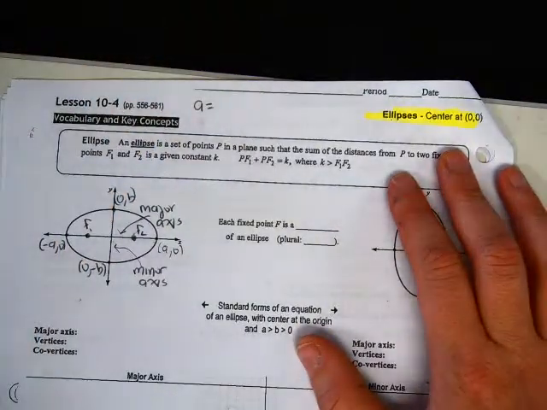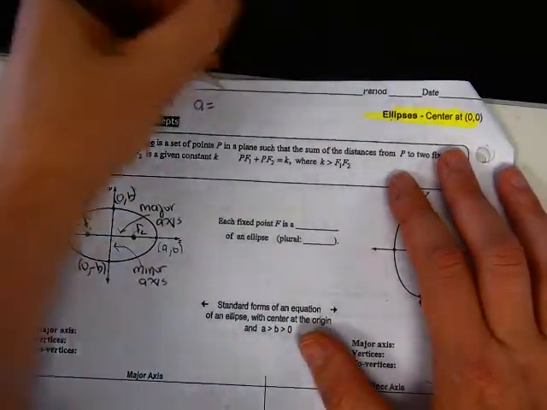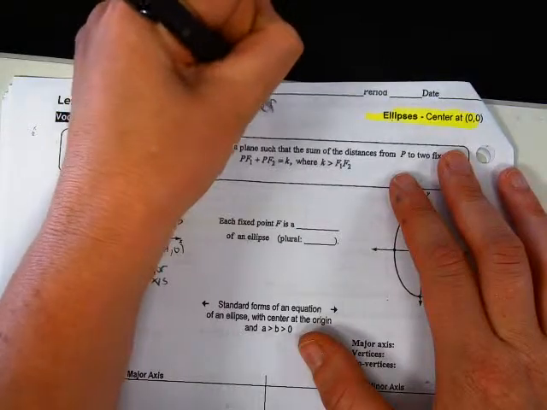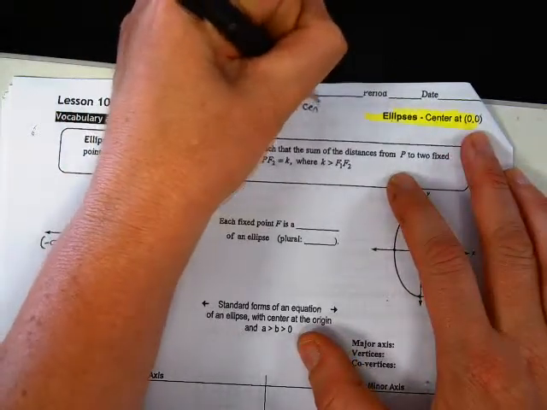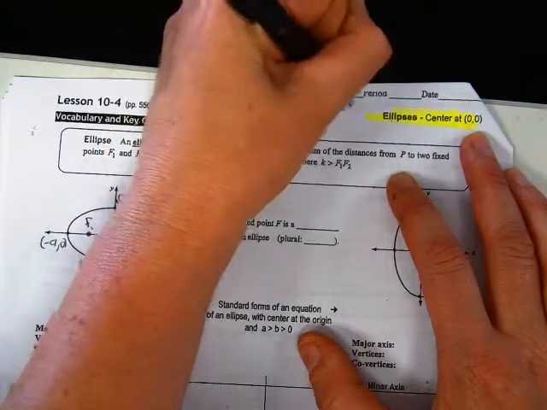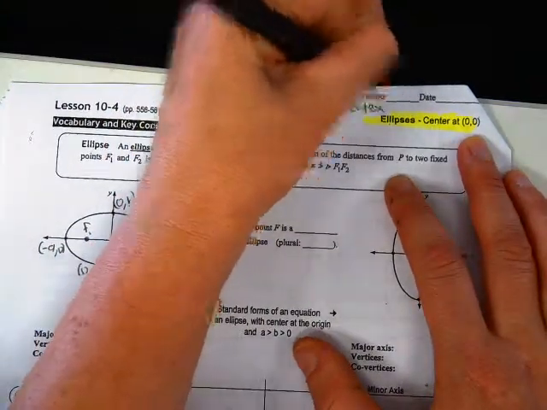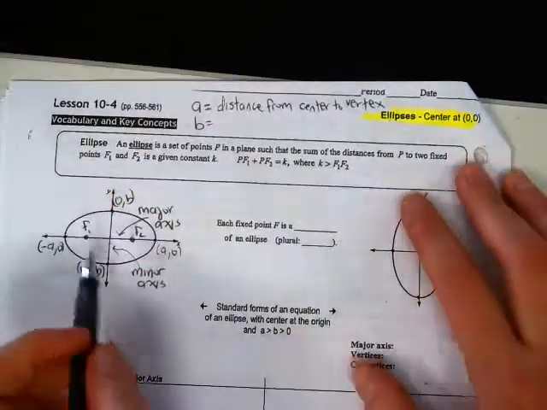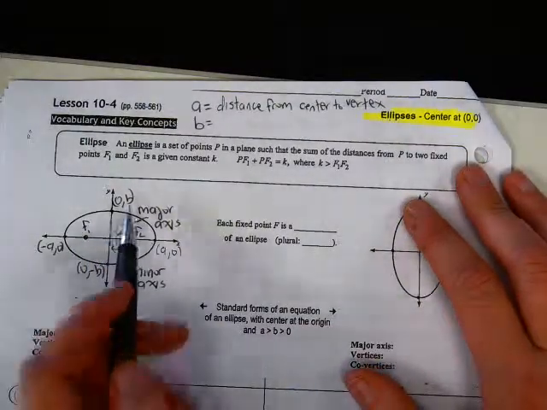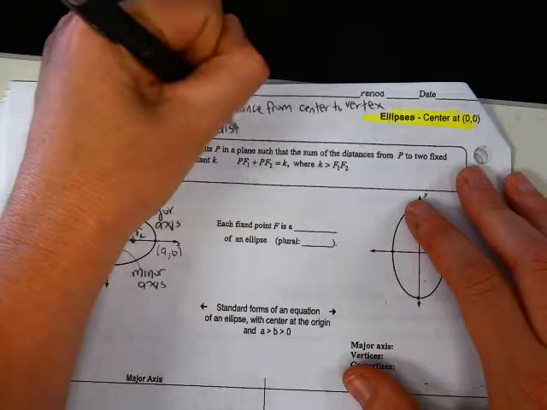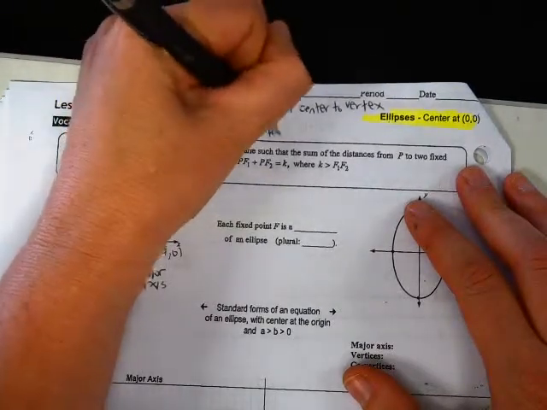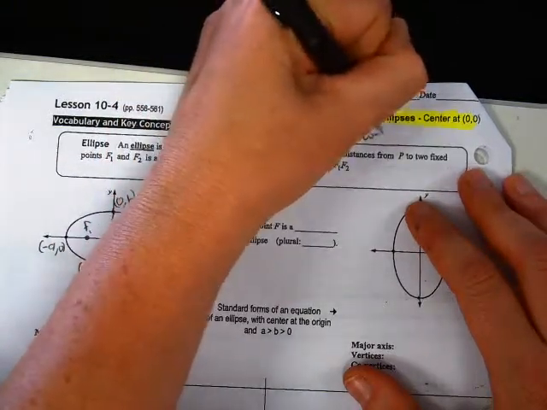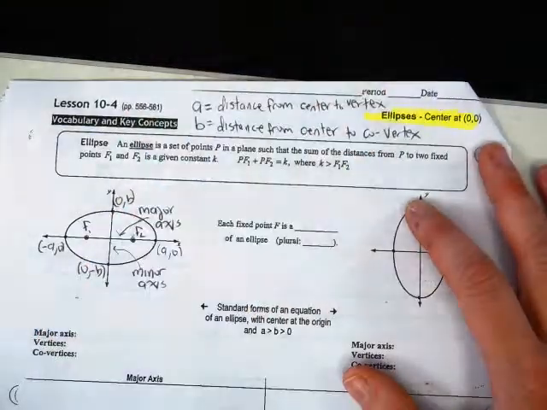A equals the distance from center to vertex, and B equals distance from center to co-vertex. Let me get my hand out of the way.